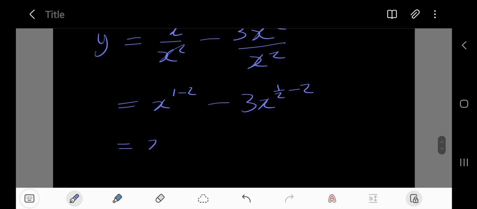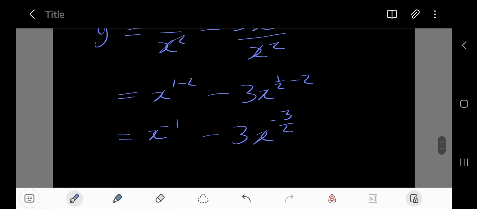So here we have x to the power negative 1, minus 3x to the power of, this is the same thing as 4 over 4, so that's negative 3 over 2.